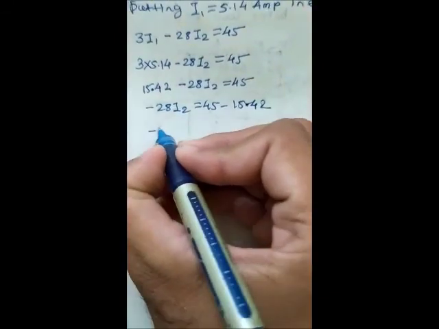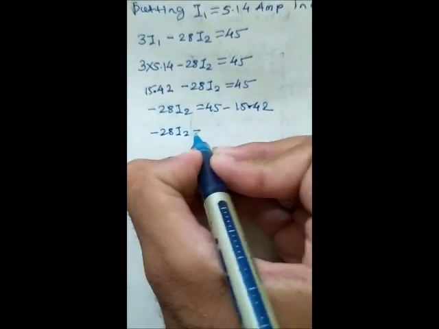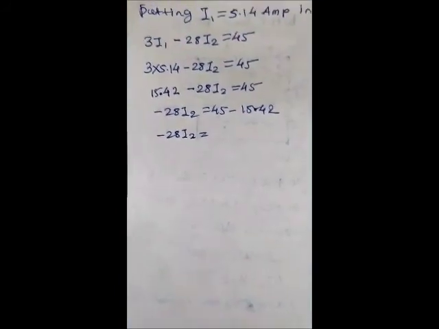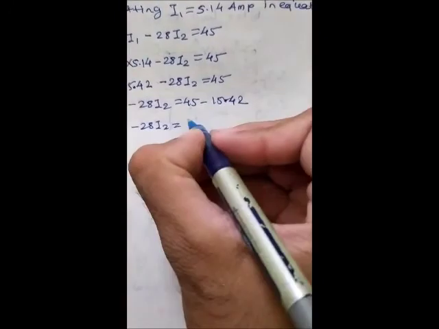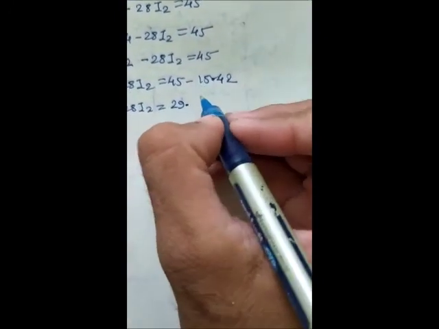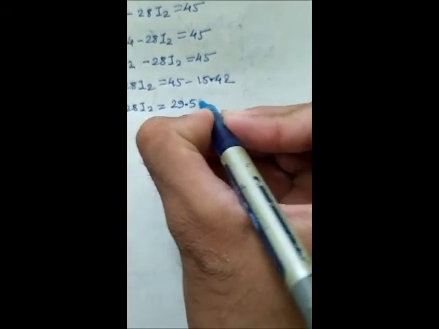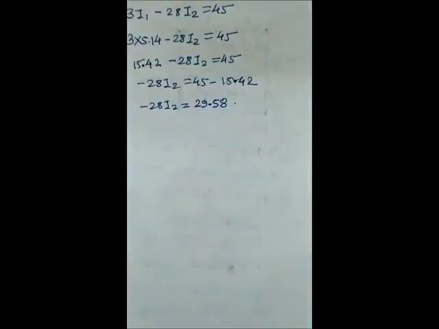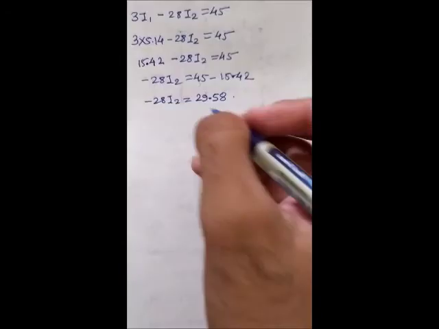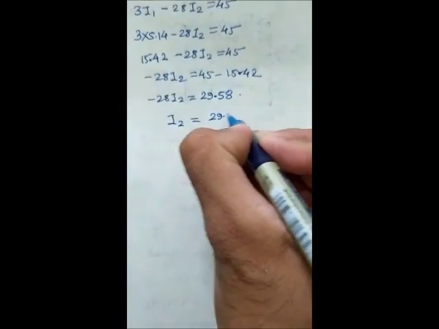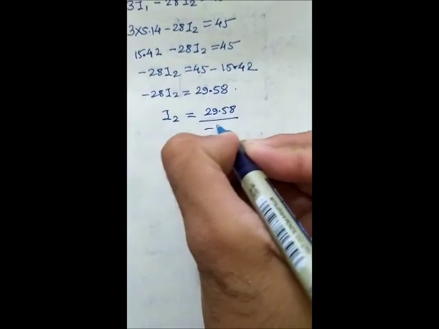So minus 28I2 is equals to, you will solve the equation, you will get the value: 29.58. Okay, minus 28I2 is equals to 29.58. So I2 is equals to 29.58 divided by minus 28.